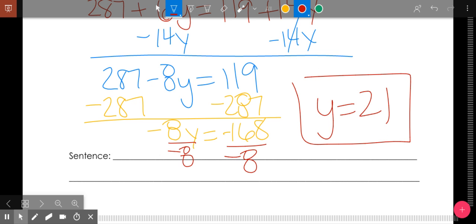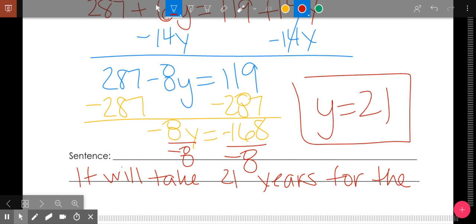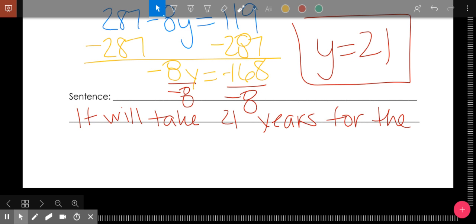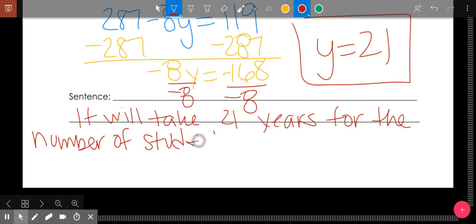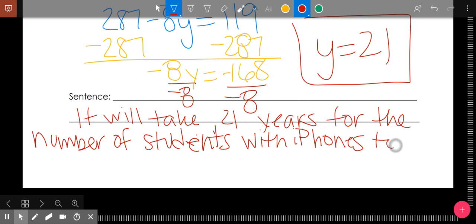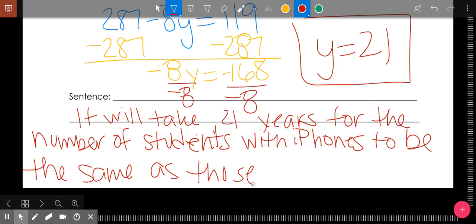So your sentence: it will take 21 years for the number of students with iPhones to be the same as those with Androids.